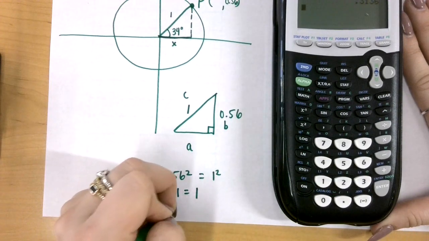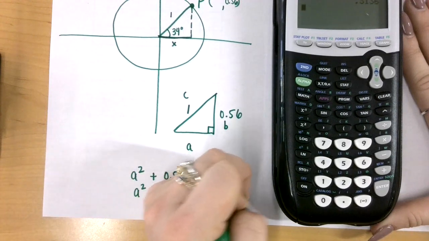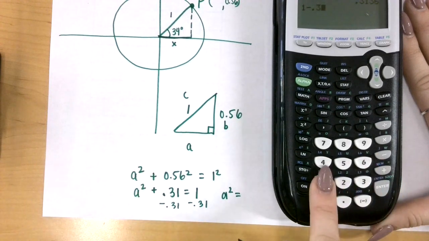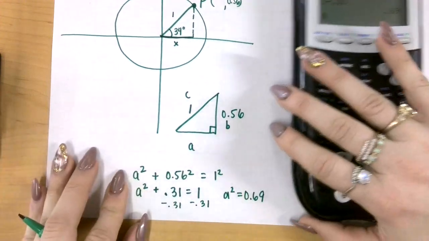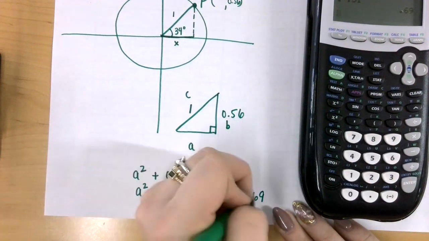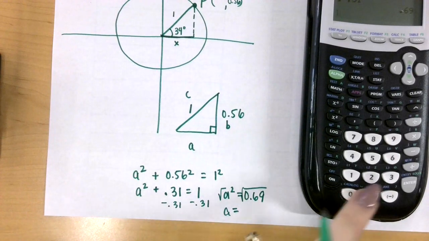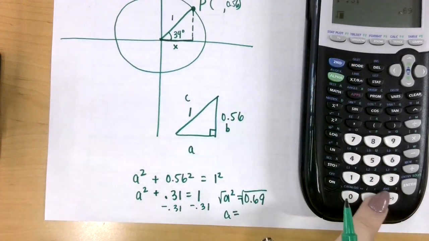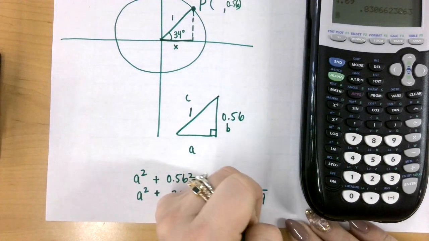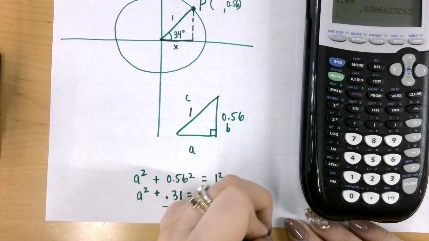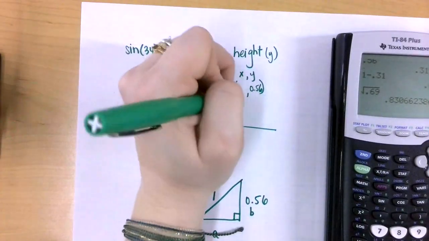I can subtract, and that gives me A squared equals 0.69. To find what that side length is, I can do the square root, and A equals the square root of 0.69, which gives me 0.83. So my x is 0.83.